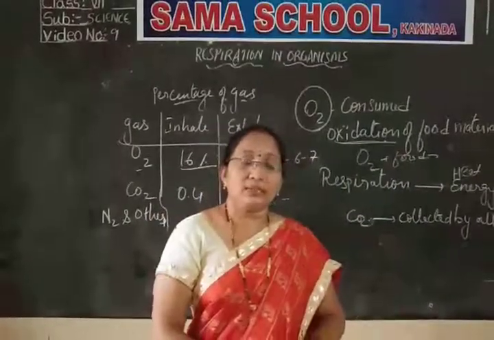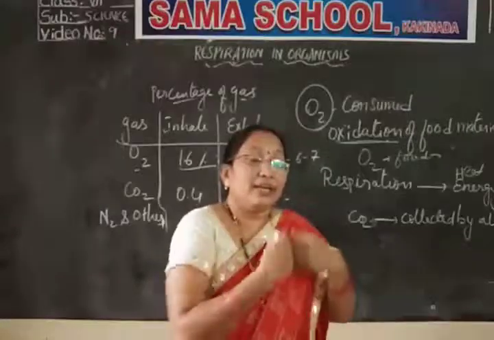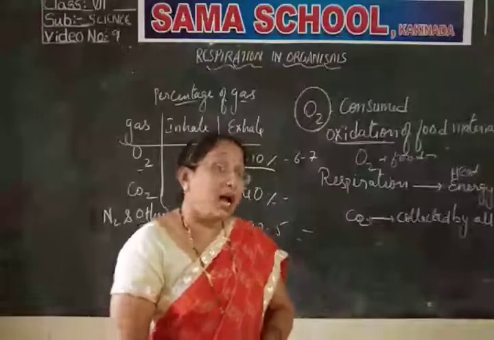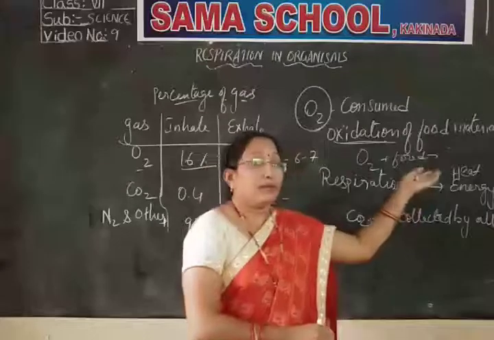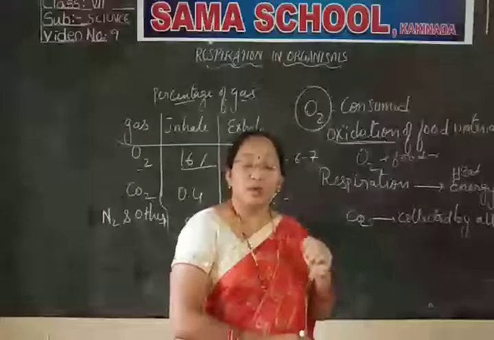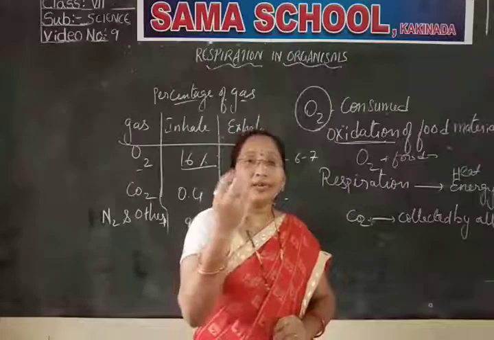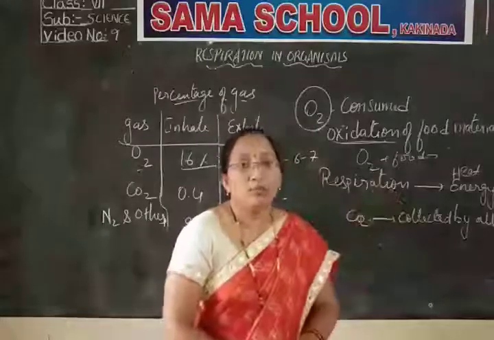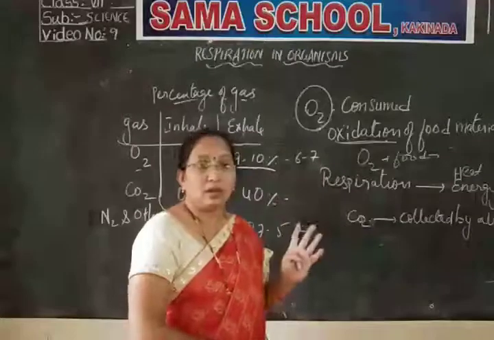That's why even though we inhale a small percentage, we exhale a larger percentage of carbon dioxide. After utilization of the food, where the oxygen works, carbon dioxide will compulsorily be there. Collecting from all the cells, carbon dioxide will be thrown out. That's why carbon dioxide percentage will be more.